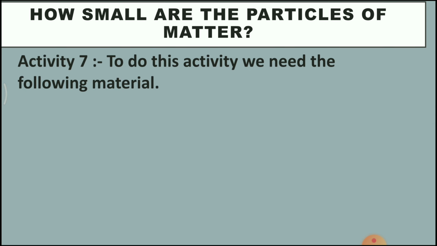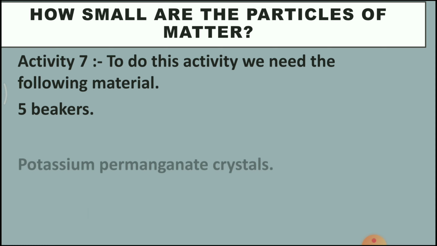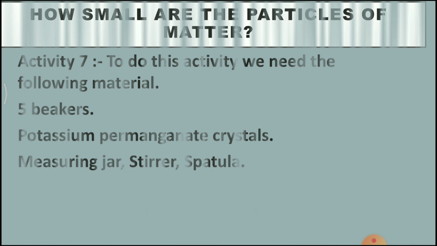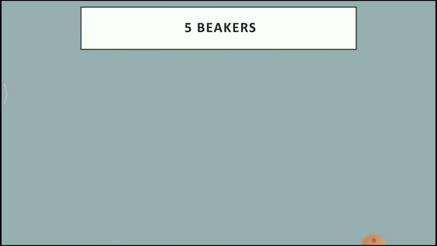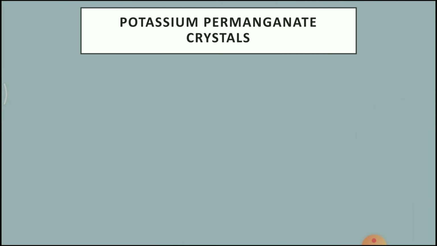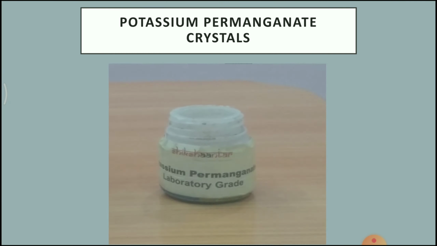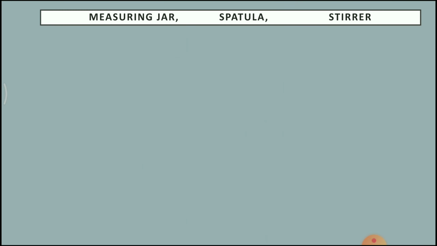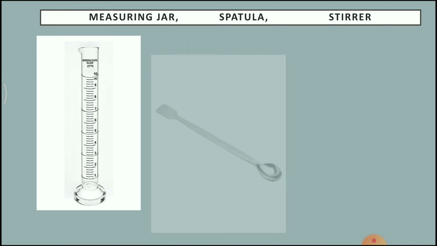Activity 7. To do this activity, we need the following material. What is the material? We need 5 beakers, potassium permanganate crystals, measuring jar, spatula, stirrer.